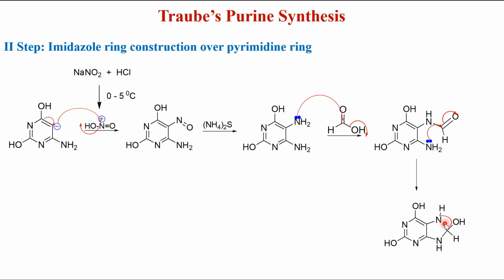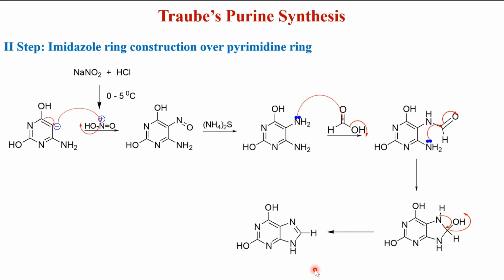The nitrogen hydrogen bond breaks and the electrons are bonded with the adjacent carbon, and it has to maintain its tetravalency. That's why OH leaves along with its electron pair as OH minus, and this H plus, they combine together to be lost as a water molecule, and I have got the purine molecule synthesized.